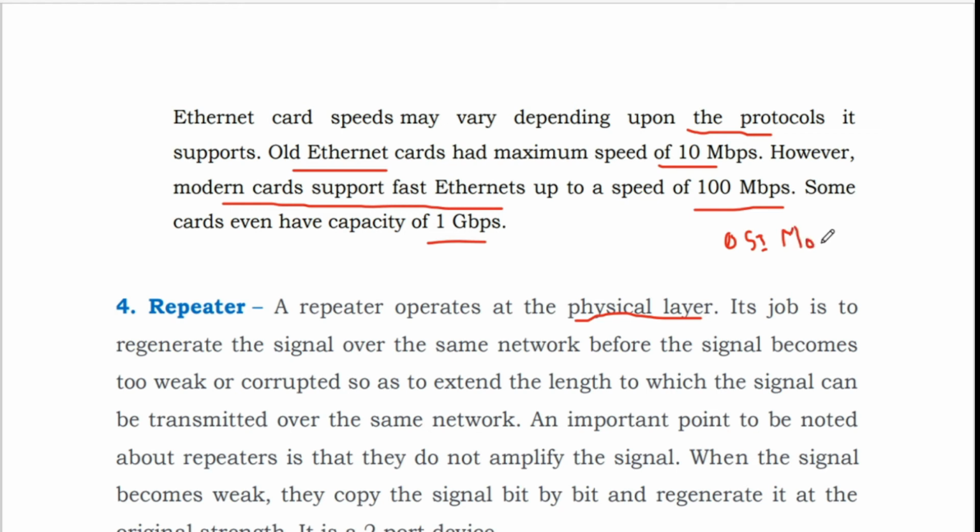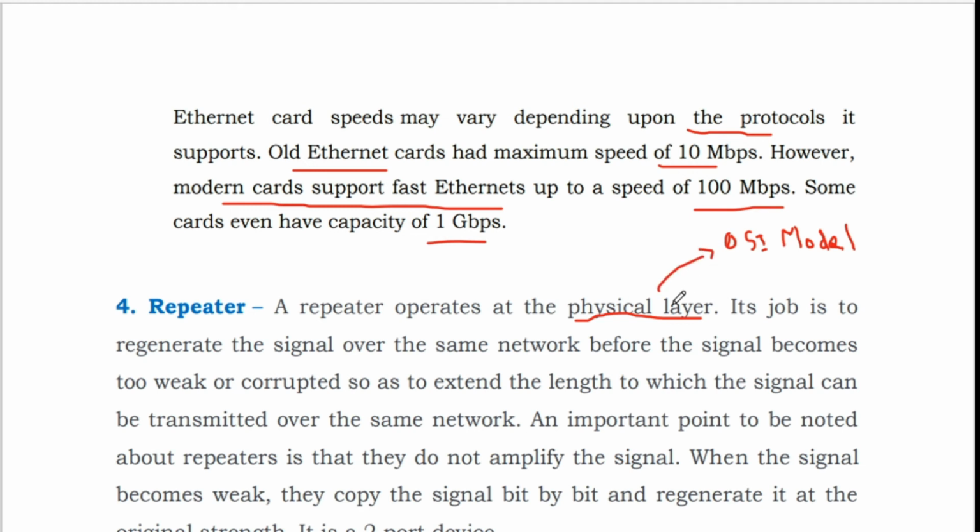Each layer performs a different operation in converting and transferring information from one point to another. The repeater is one of the devices that operates at the physical layer, which is the first layer in this OSI model.